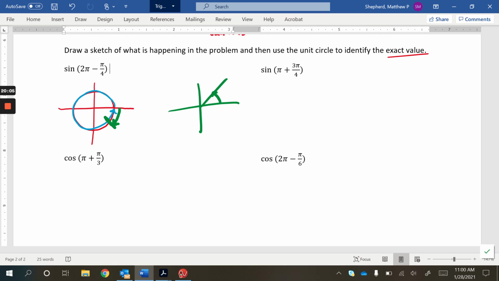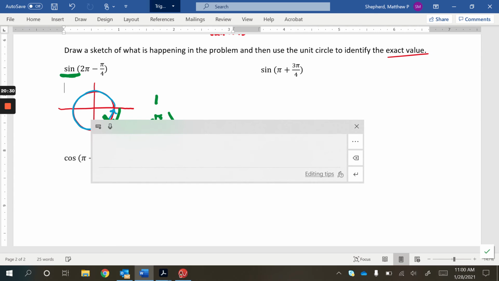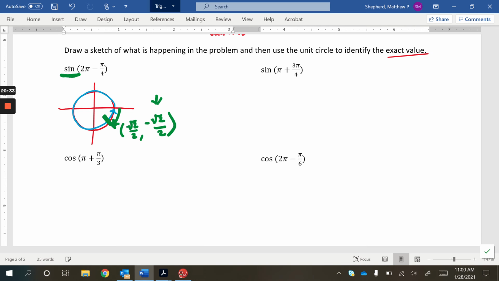So that's going to put us about right here, which on my unit circle is going to be a square root 2 over 2 and a negative square root 2 over 2. We want the sine, so we want the y value. So that's my answer right there, negative square root 2 over 2.